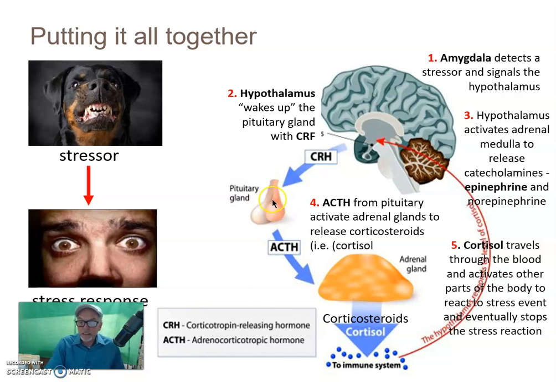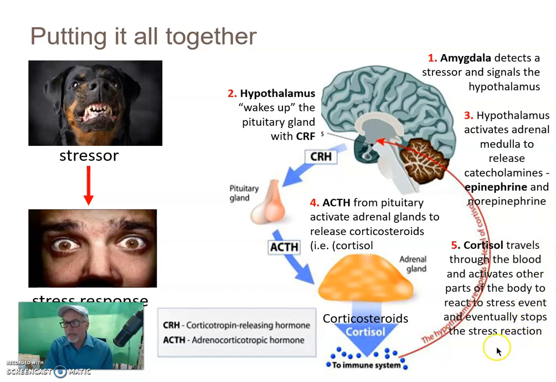And ACTH moves through the blood into the adrenal gland, which activates it to release cortisol. And cortisol prepares the whole body for a reaction or response to stress. Remember now, the hypothalamus also activates the adrenal medulla to release catecholamines, epinephrine and norepinephrine, which starts the fight, flight, or fright response.